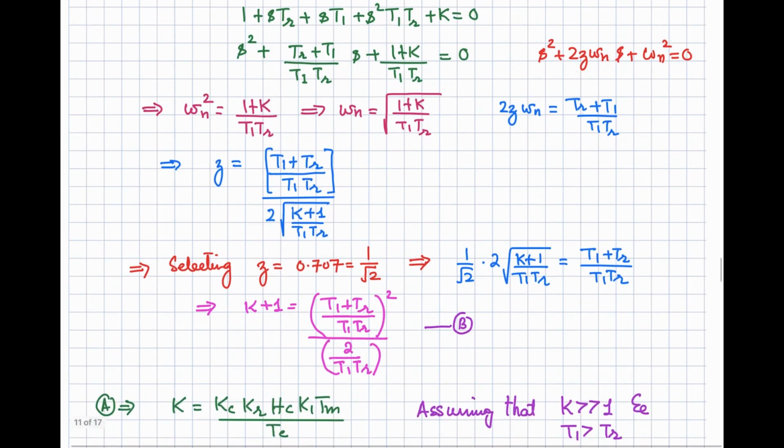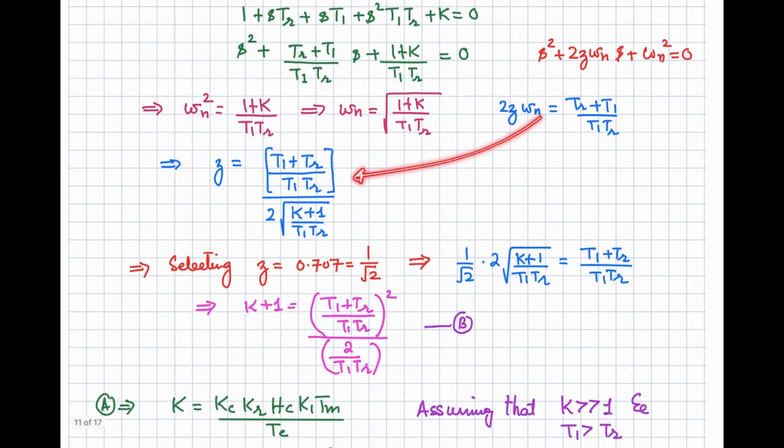If we rearrange it for zeta, we can write that zeta is equal to (T1 plus TR) divided by T1 TR, and this whole divided by this part. Now if we select the parameters T1 and TR in such a way that zeta is set equal to 1 by under root 2, that is 0.707, then you will not be observing any overshoot.